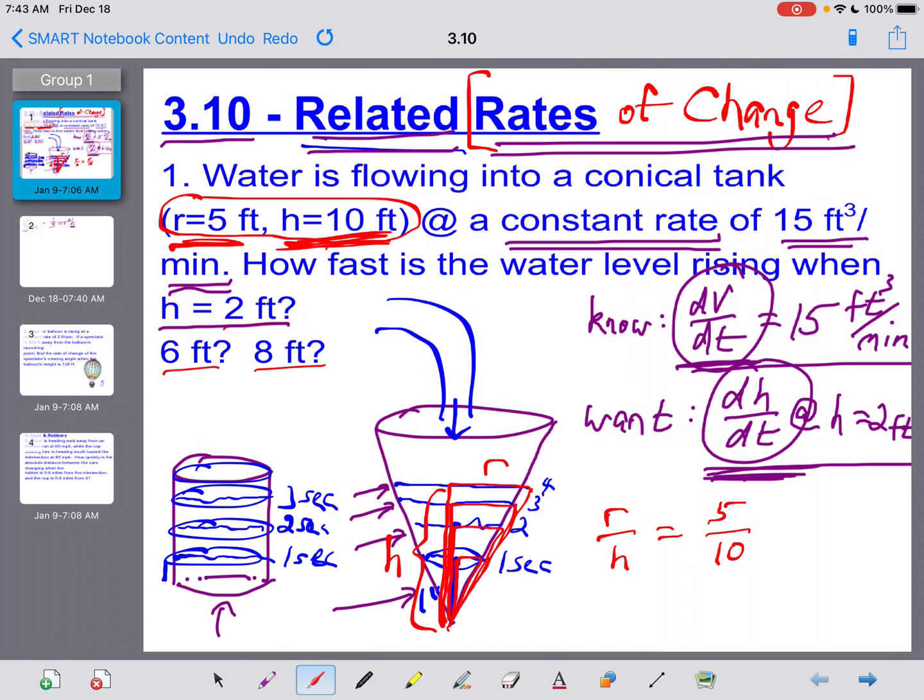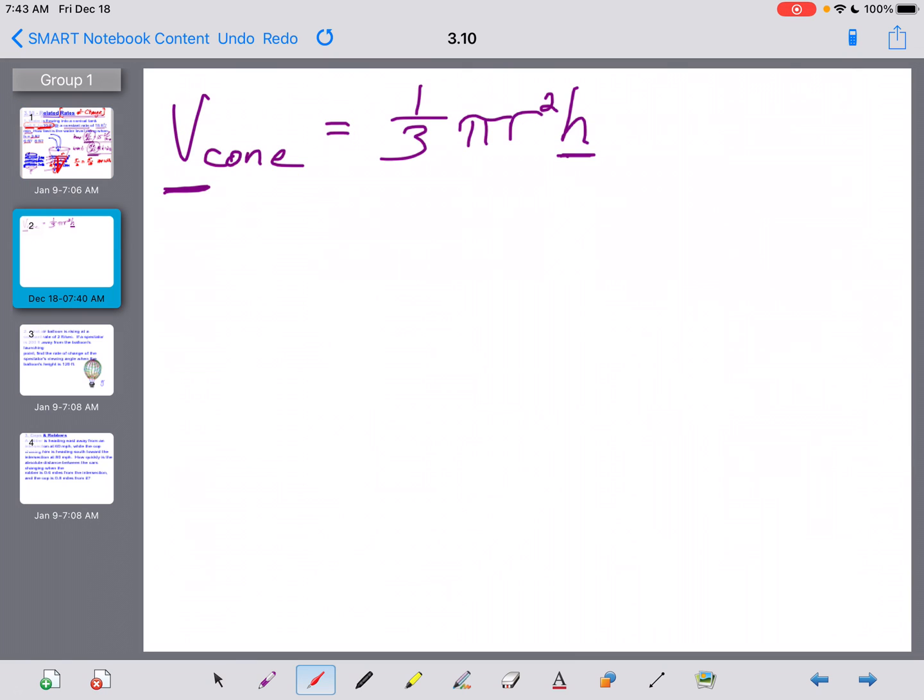Now, what we want to do next, R over H equals 5 over 10, we want to solve this right here for one of those two variables right here. So, probably a good idea to go ahead and cross multiply here and get 10R is equal to 5H. And before we go any further, let's review what we said before. The problem in this equation right now is the R. We don't know dr dt.